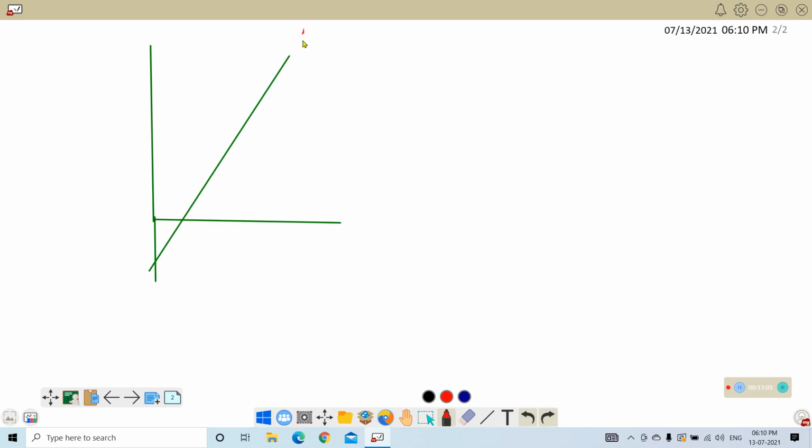This straight line L1, this is straight line L1, and this point is denoted by P3. P3 is equal to 0, comma minus 2.